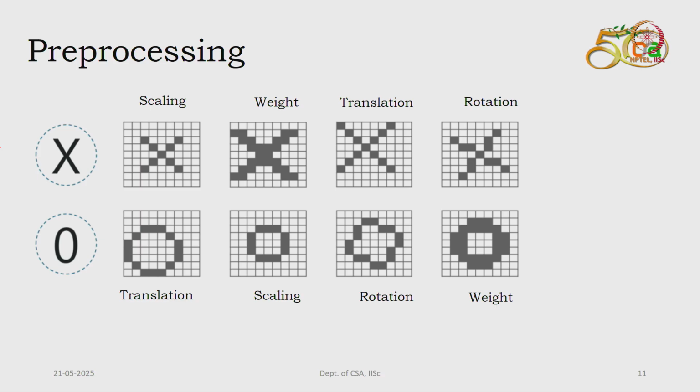Due to various complexities with respect to patient health, probably when the scan was done, the patient has moved the body. Probably the patient is not comfortable lying in a straight position, so the patient was moving. Because of this, there is a slight change in the orientation of the image. So we have to consider all these aspects when we are reading an image. In real time, we will get every such kind of orientation when we are taking an image.